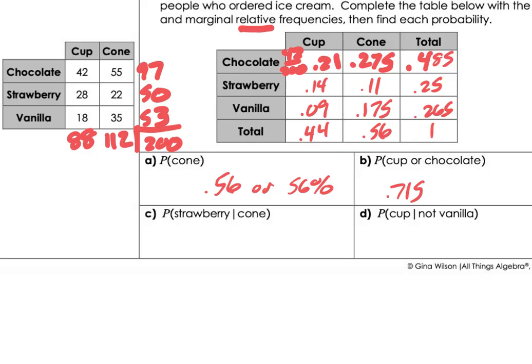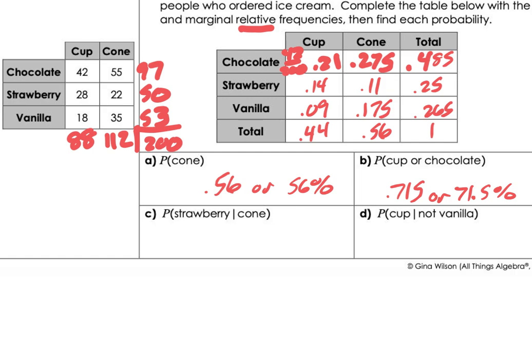So we just have to be careful. That one that doubles up, we will only want to count it once. You could either write your answer as 0.715 or you could say 71.5%. The percentage probably means a little bit more to us because that's the percent of people that chose a cup or chocolate ice cream.